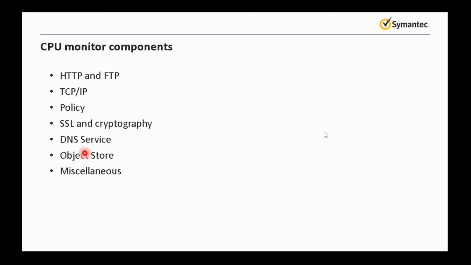So what you need to do then is find out about your DNS or check the proxy's DNS setting. So as you can see here, the CPU monitor, in fact, points you to where or what causes the CPU to go up.